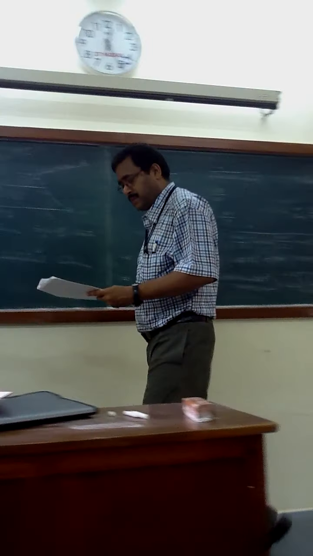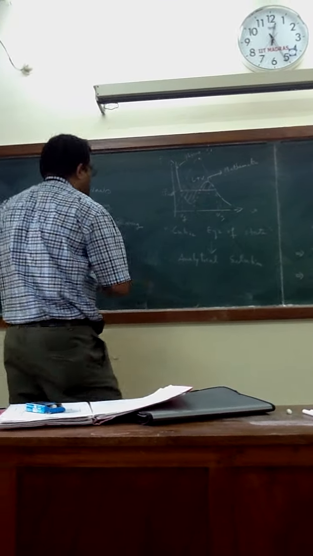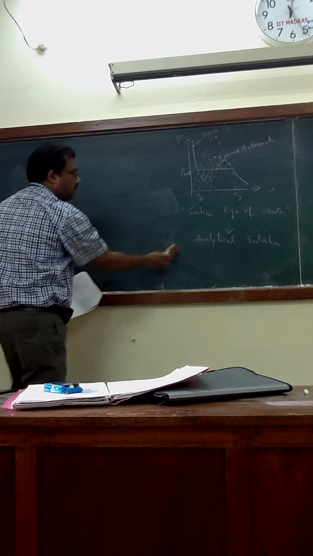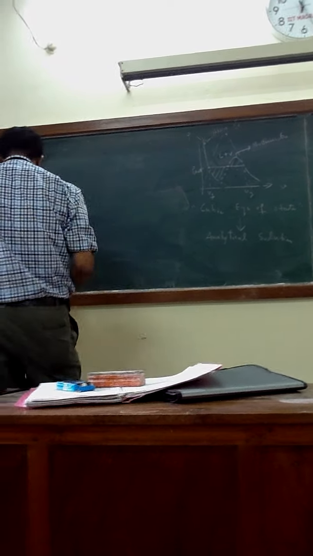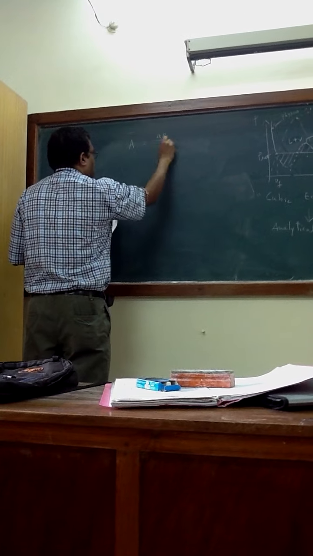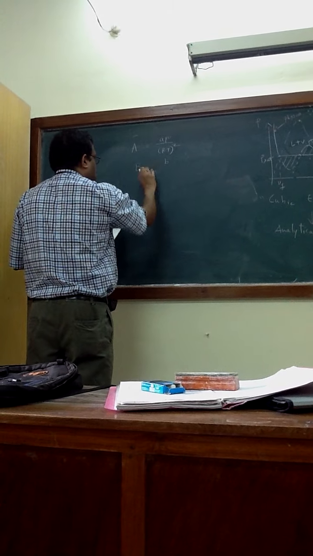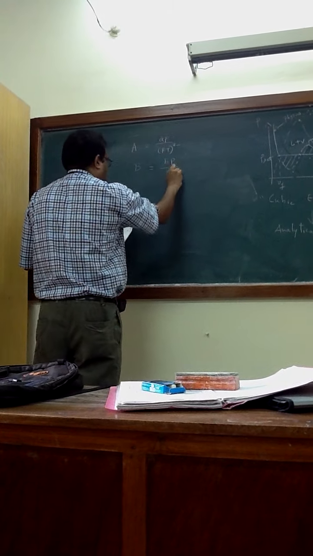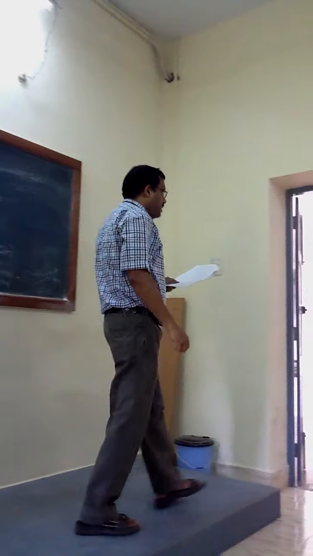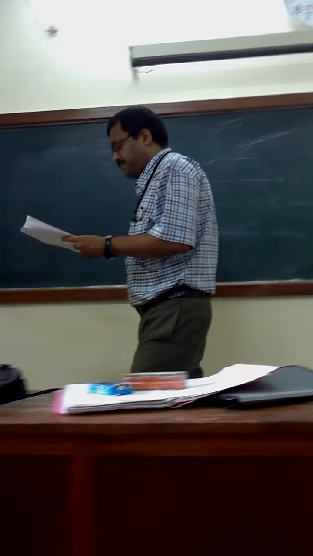That's it. So now I introduce a new variable. Capital A is AP by RT whole square, and capital B is BP by RT.